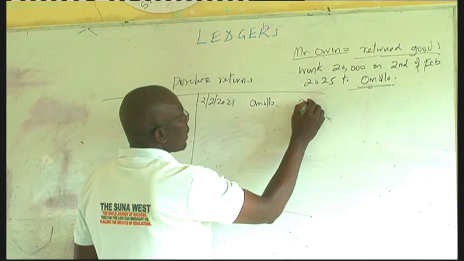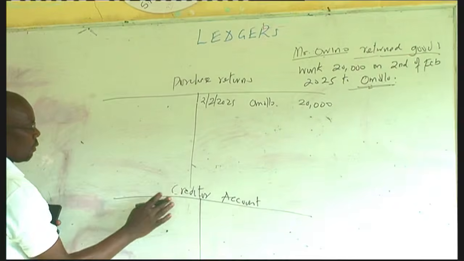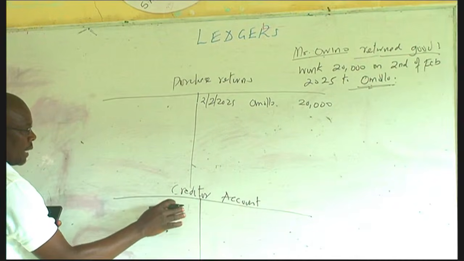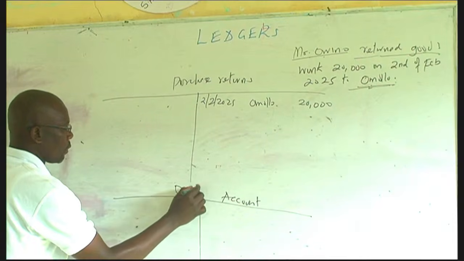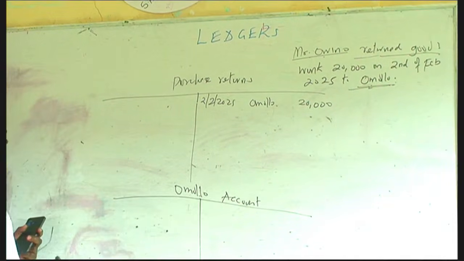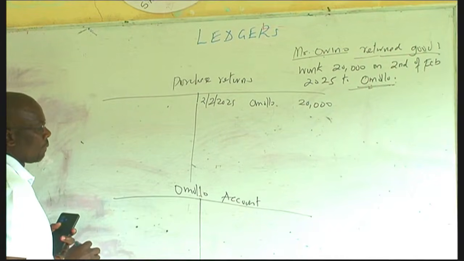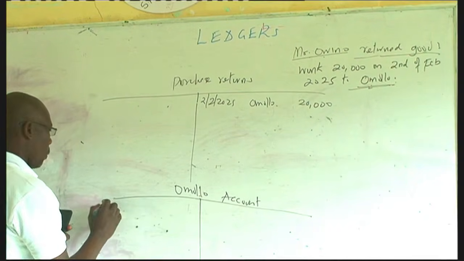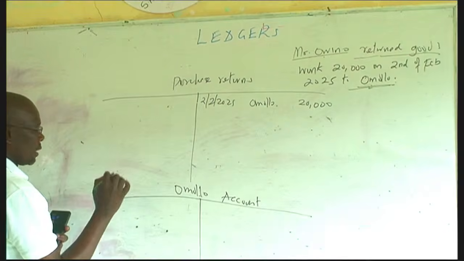Amount involved is 20,000. But instead of creditor here, allow me to write Omolo's account, so that it doesn't appear as creditor now that we have the name of the creditor. We are going to debit Omolo in the name of purchases.